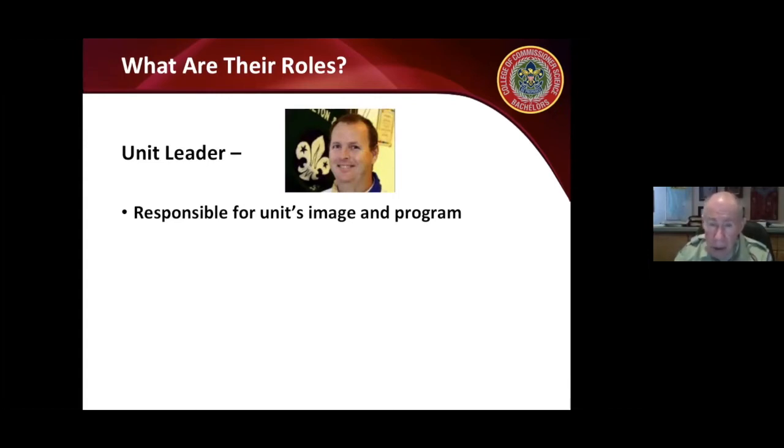This unit leader does not need to be a male. The image that they portray, not only to the Scouts, but to the parents and the community at large, needs to be positive, and it needs to be progressive, and it needs to be effective.